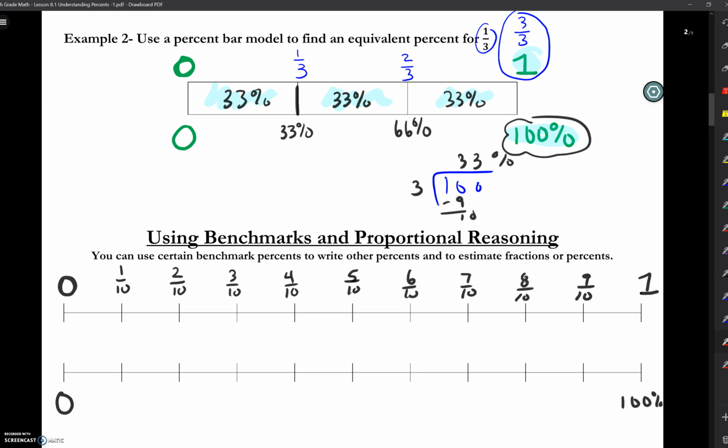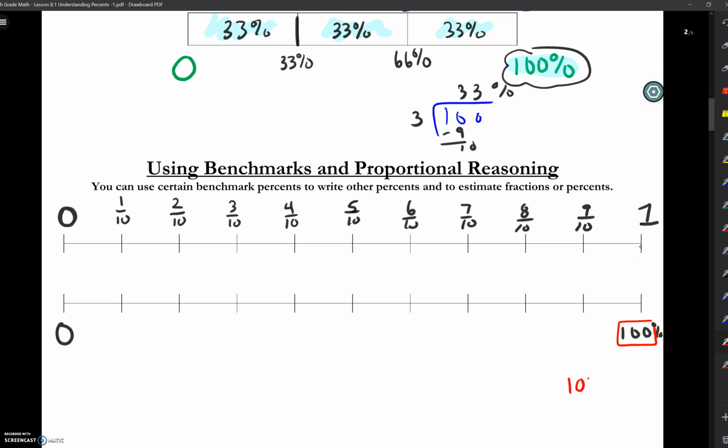And so now that I have 100 and I have 10 equal pieces, I'm going to divide 100 divided by 10, and I find out that every piece is worth 10%. So I have 10%, and then 20%, and then 30%, and 40%, and 50%, and 60%, and 70%, 80%, 90%, and then 100%.